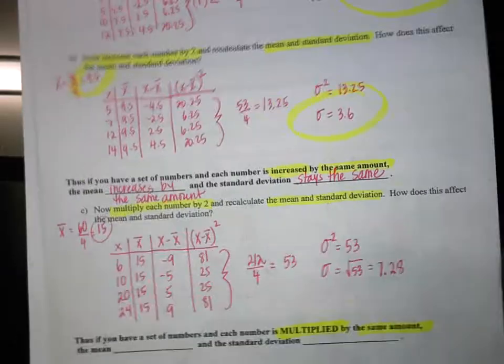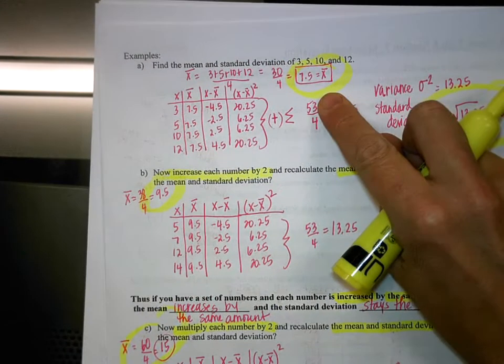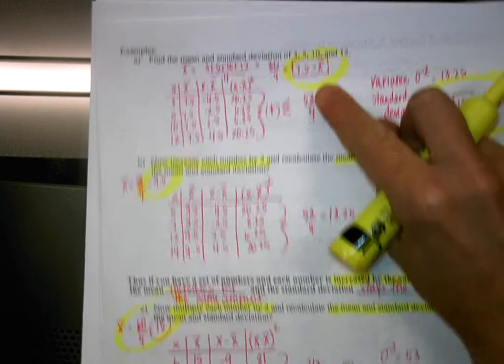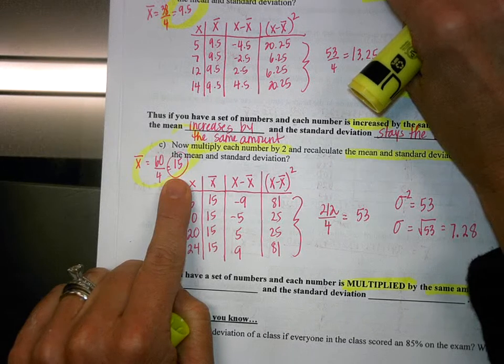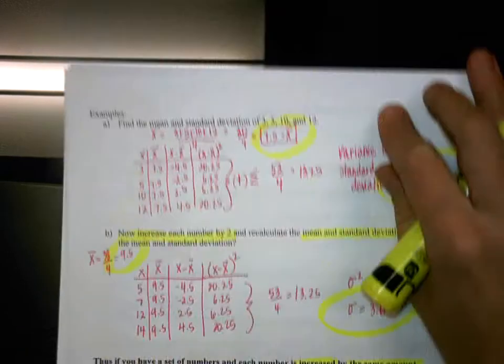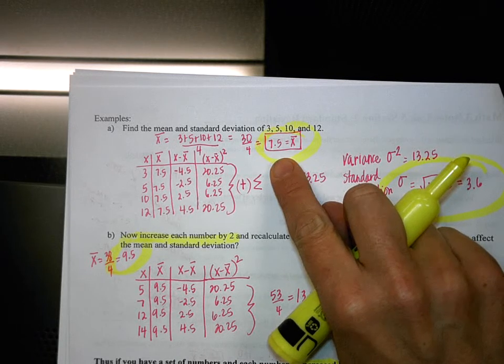So again, we're going back to our original data. So in the original set of data, my mean was 7.5. My new set of data, we got 15. How do those compare? It changed, but how? Multiplied by 2. What's 7.5 times 2? 15. Okay?